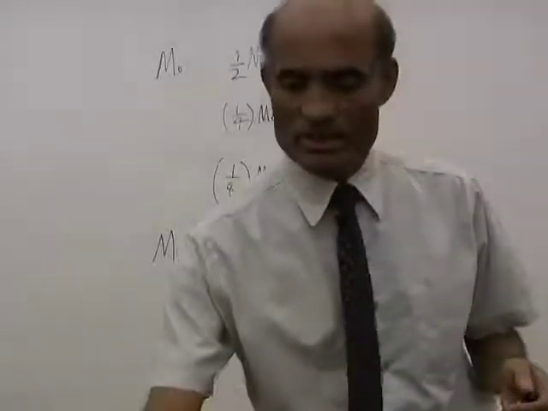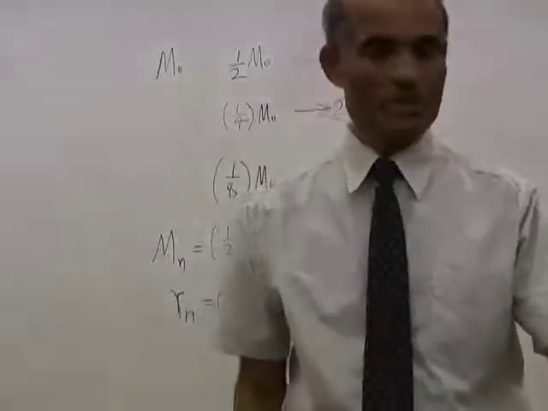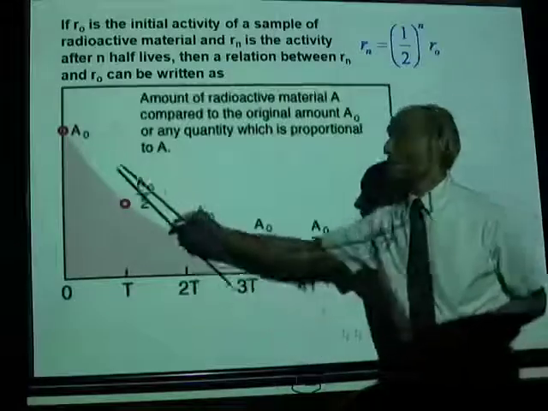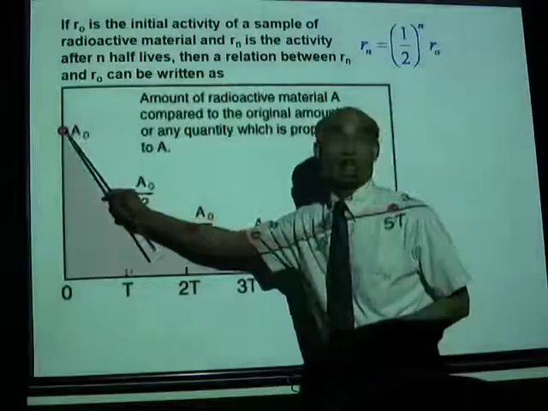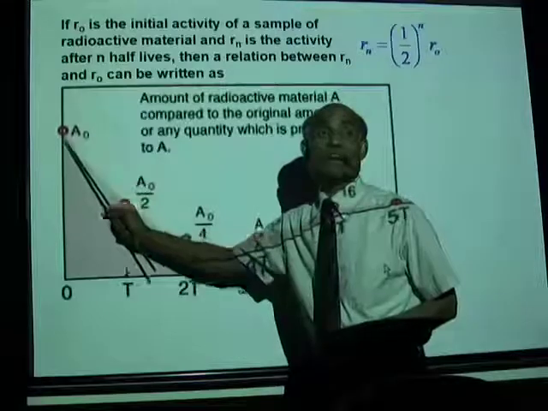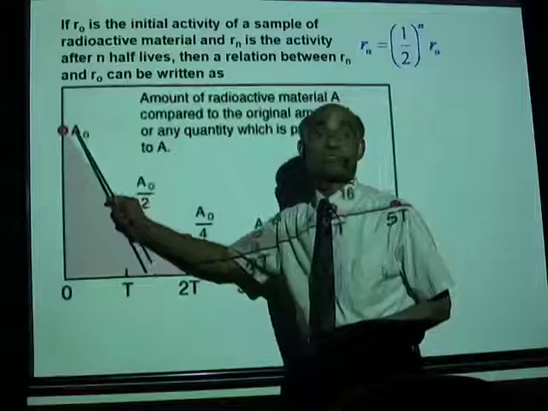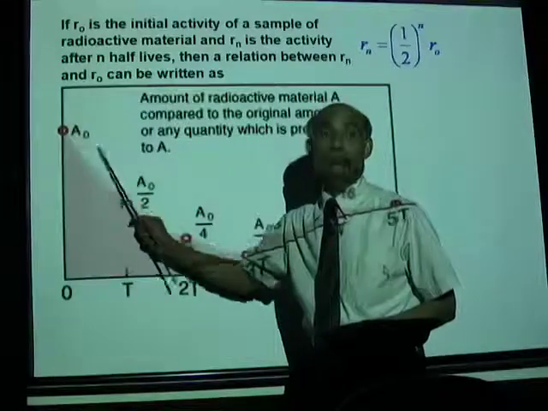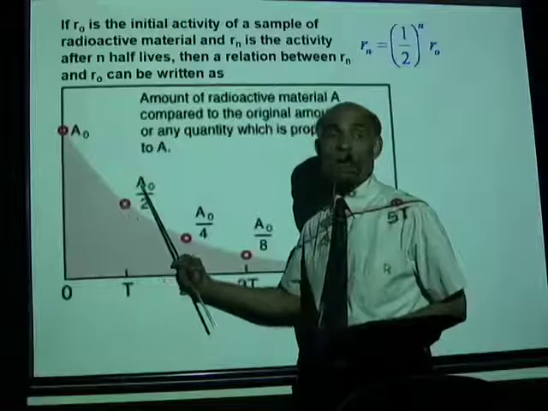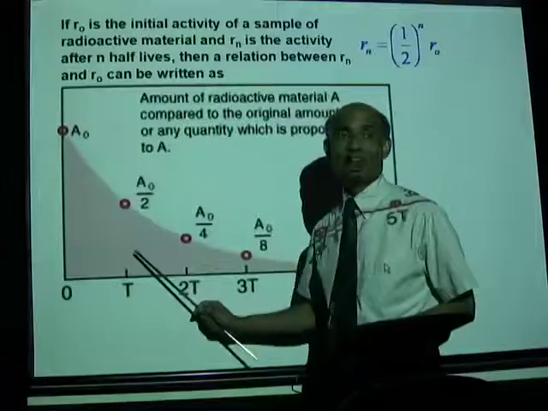Now, let me illustrate that by drawing a diagram for you. We can represent the rate of decay like this graphically. When time t equals 0, you started with an amount of radioactive material we call A0. After 1 half-life, 1/2 of A0 is left.